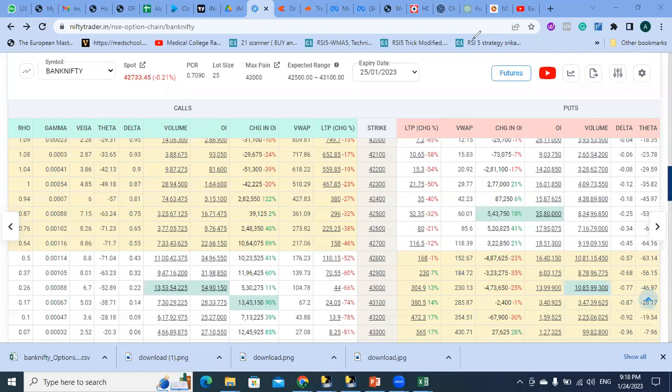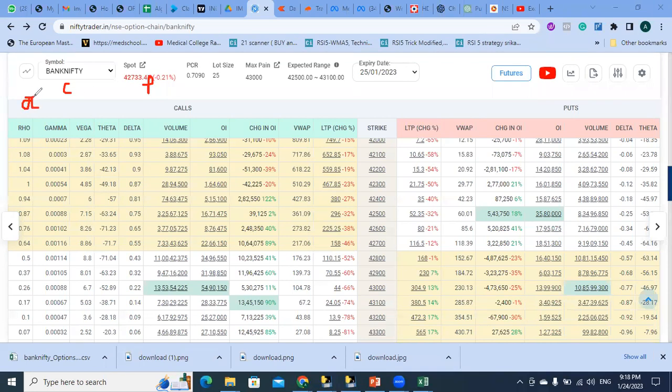Similarly, if put OI is increasing, but call OI is not decreasing, call OI is also remaining the same, and put OI is increasing, then it means that the market might remain sideways. So what all situations can happen? Let us see, call OI and put OI.